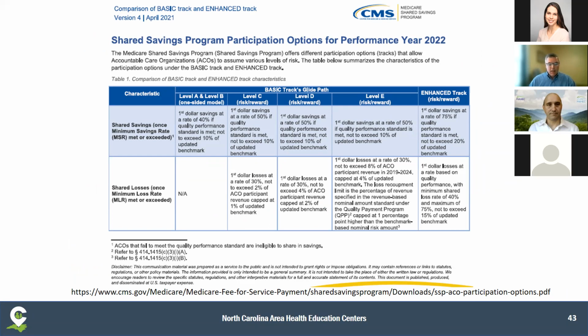So in the slides, if you're able to download those, the link is there if this is something you want to look at. But again, it'll help you understand the different types of risk arrangements and the glide path forward to more risk. So something, again, just to be aware of and understand with your contracts.